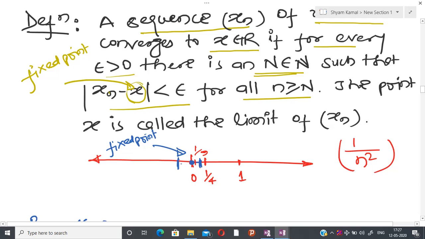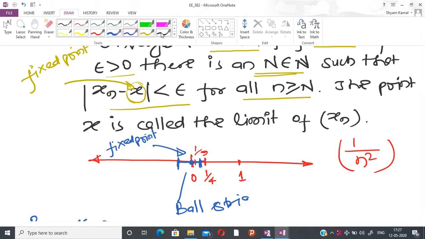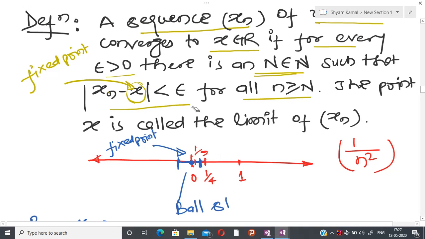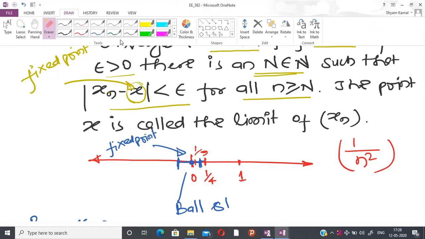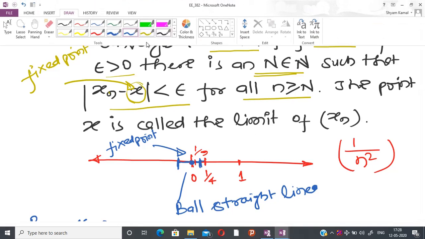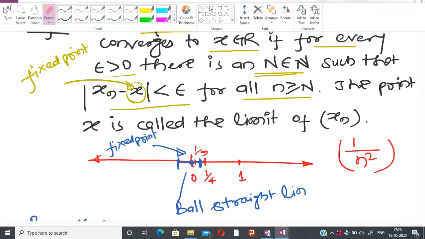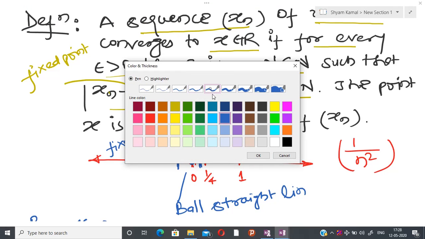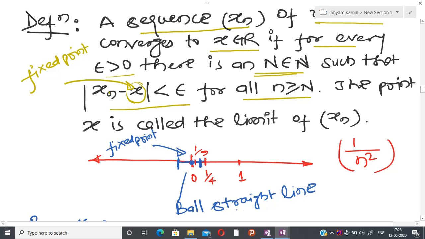So let us write this ball as a straight line, and I am assuming that the radius of this ball is epsilon.